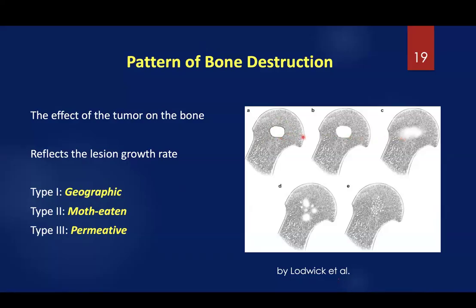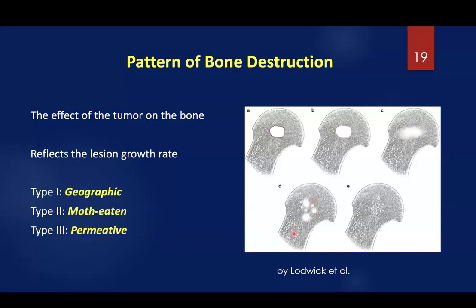The difference between A, B, and C is the borders. Here, it's surrounded by a very sclerotic rim. Here, there is no sclerotic rim, but I can still draw the borders. And here, the borders are a bit hazy, but I can still see the lesion. While here is moth-eaten.